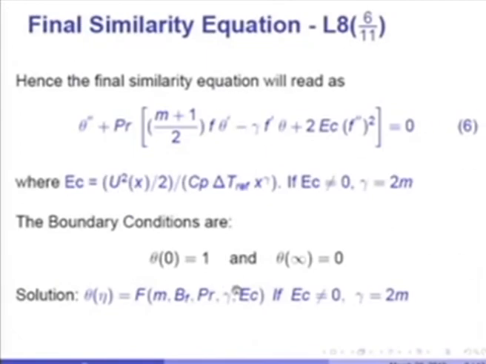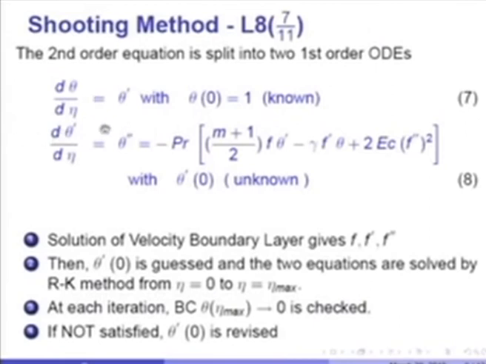How do we solve this second order differential equation? Well, like we did in the case of the velocity boundary layer, where we had a third order equation, we split this up into two first order differential equations. The first equation is simply d theta by d eta equal to theta dash, with theta 0 equal to 1, which is known, wall temperature is known, and then d theta dash by d eta equal to minus Prandtl all this, but without knowing theta dash 0, we cannot proceed.